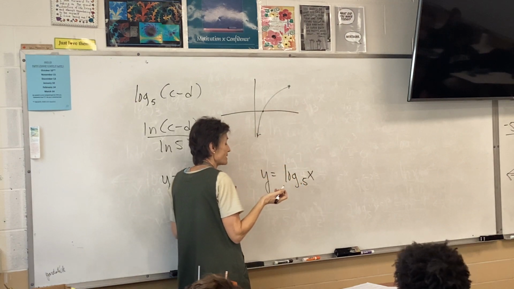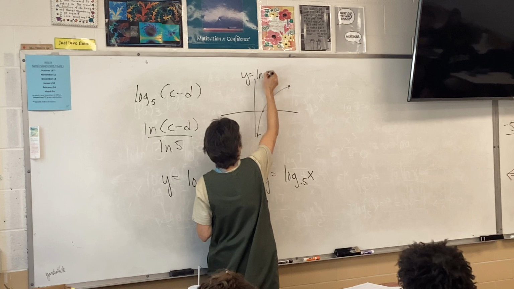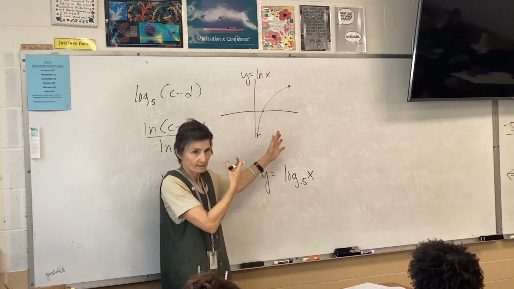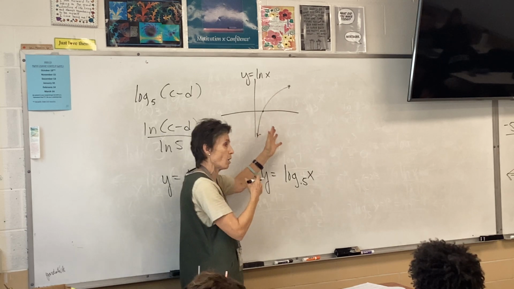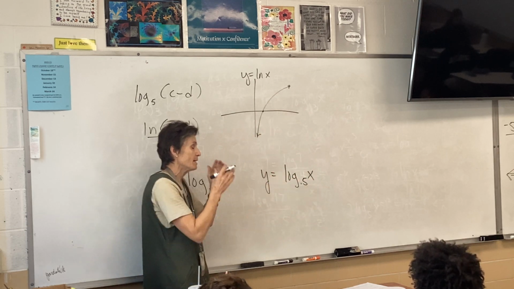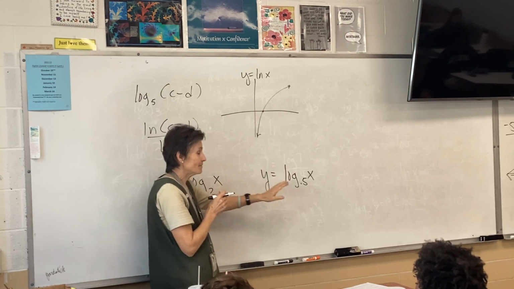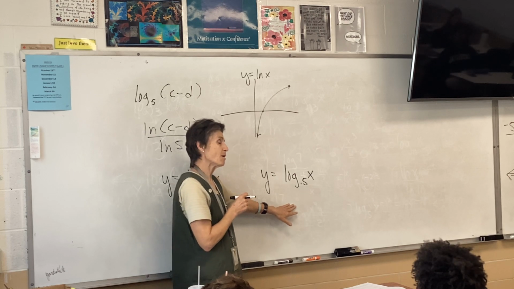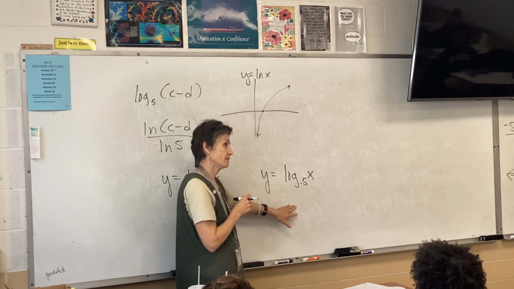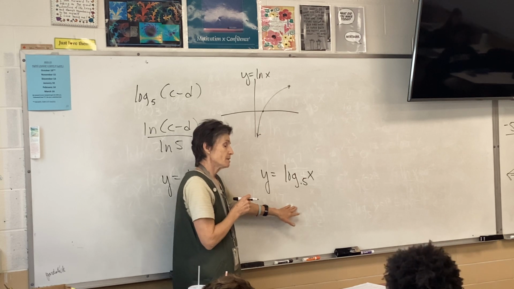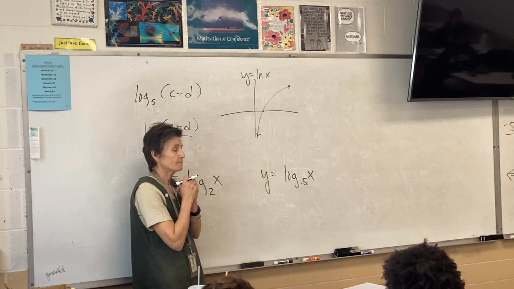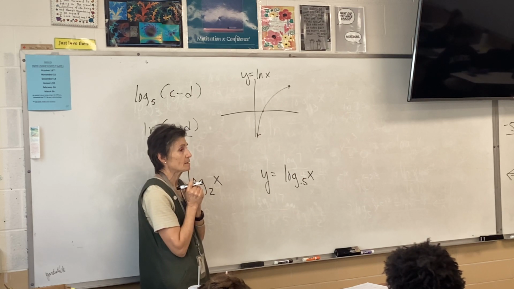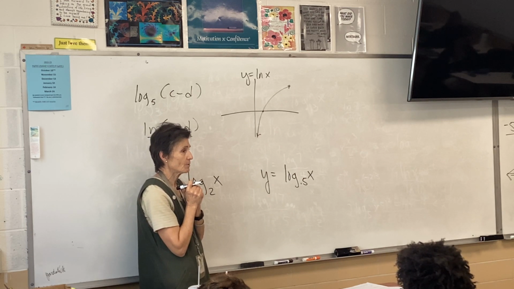And we memorized it as y equals ln x. y equals log x looks the same way, y equals log base 5 looks the same way, but this one looks a little different. Because now the base is less than 1. So think about that for a second. Think about what impact that might have on the graph.